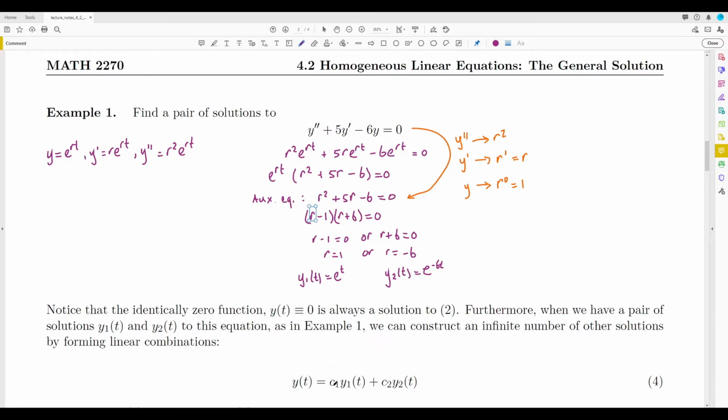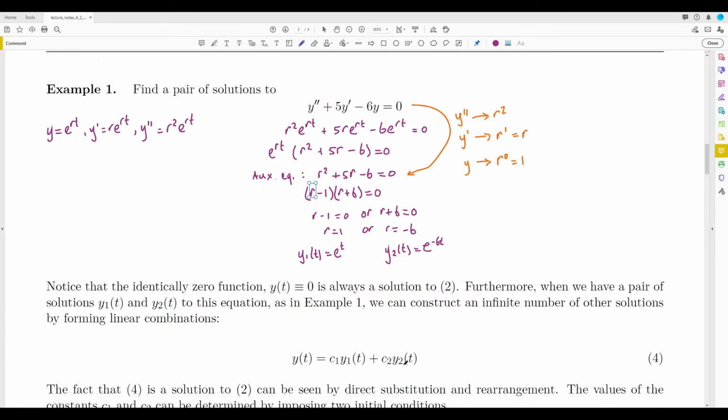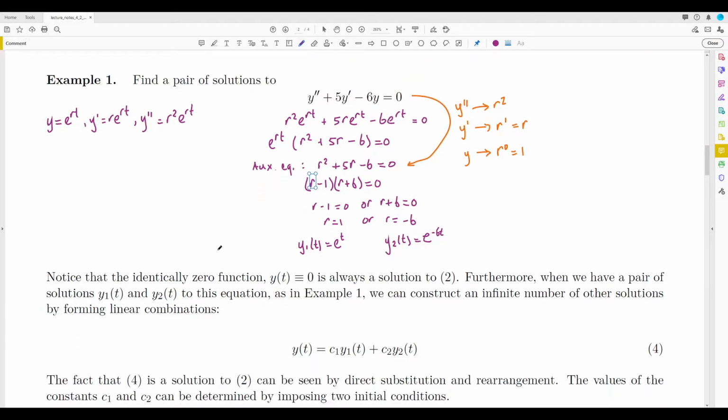The claim here is that y of t equals c1 times y1 of t plus c2 times y2 of t is a solution for any value of c1 and c2, including c1 equals 0, c2 equals 0. You can check that by substituting this into the equation and then rearranging it, and you will see that it solves this differential equation.